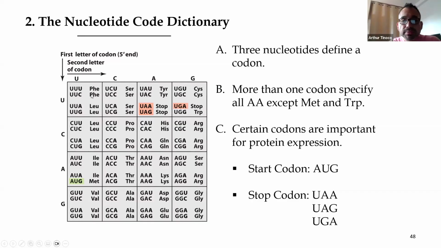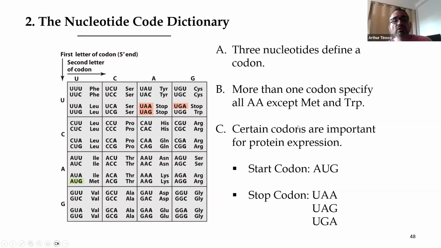You see some examples of how different arrangements of the nucleotides code for the same amino acid. So these are just examples. Again, more than one codon can specify an amino acid, except for methionine and tryptophan.